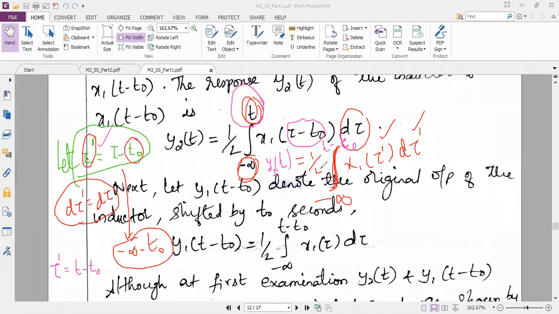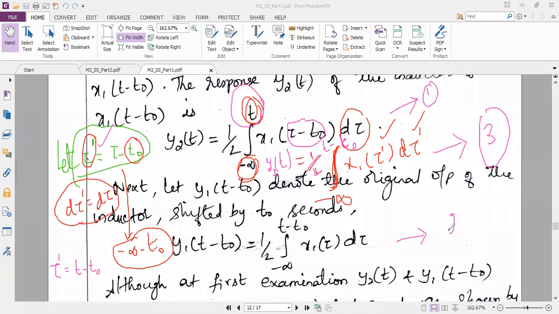Accordingly, I have changed my limits also. So it is 1 by L, integration from minus infinity to t minus t naught, x1 of tau dash d tau dash. Can we keep this as equation 3? Equation 1 is modified as equation 3, and I have equation 2.